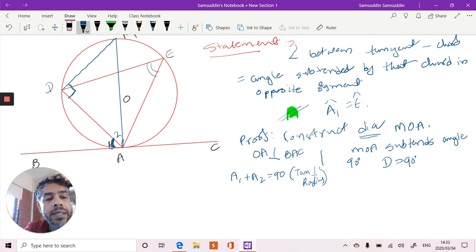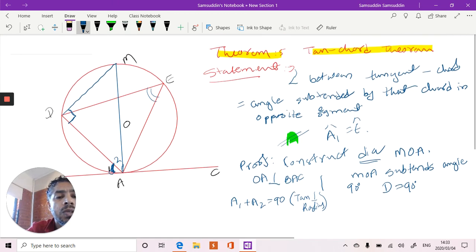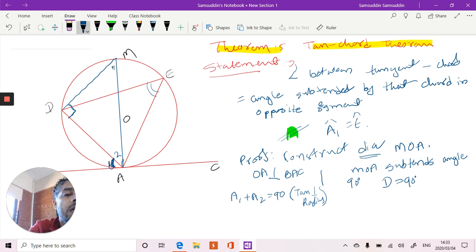On the other side, angle D is already 90, so the other two angles, the internal angles of the triangle, angle M plus A2, equal 90 degrees. Angle M plus A2 equals 90 degrees.